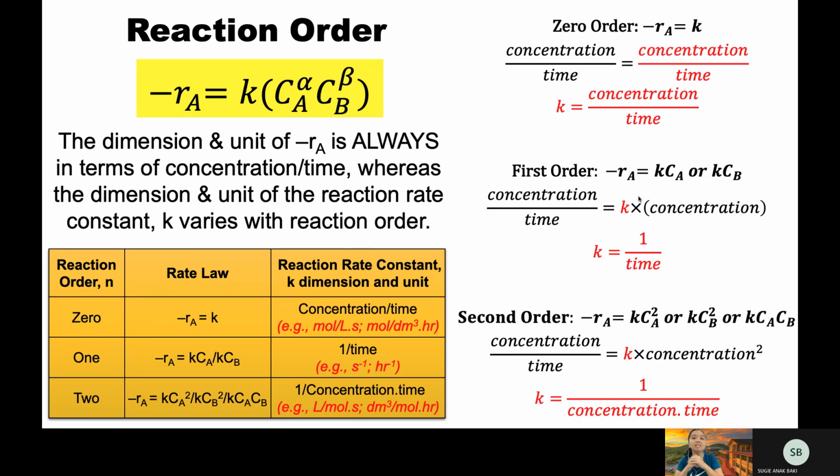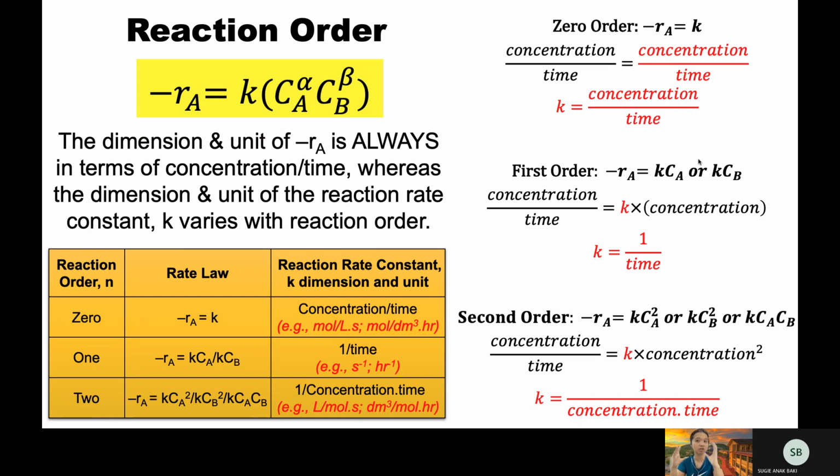Okay. So how do we guess the unit? Okay. So let's say katakan kita letak on the left hand side concentration per time. Okay. Sebab minus RA, as I told you, dimension dia masih sama, concentration per time. On your right, okay, K is the dimension we want to know. Okay, itu adalah unit ataupun dimension yang kita nak tahu. CA or CB, regardless either one, dia punya dimension dia masih concentration.